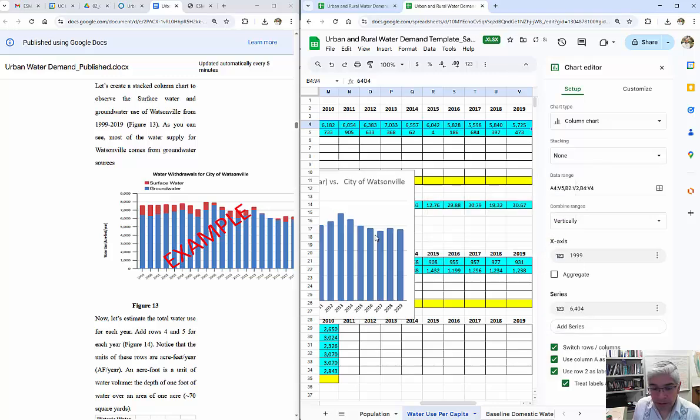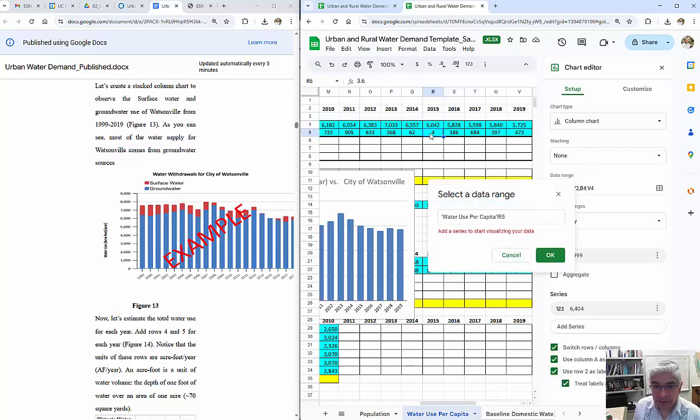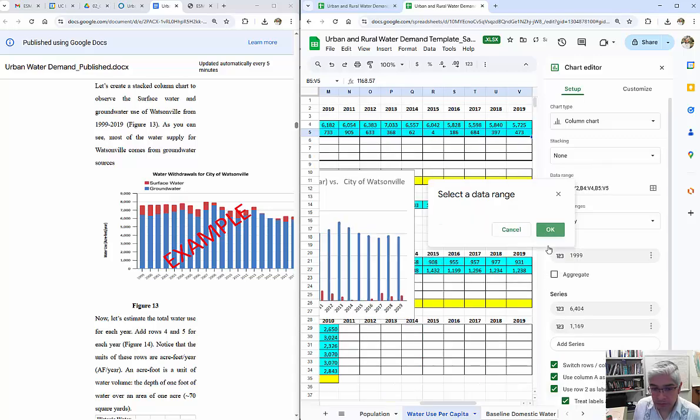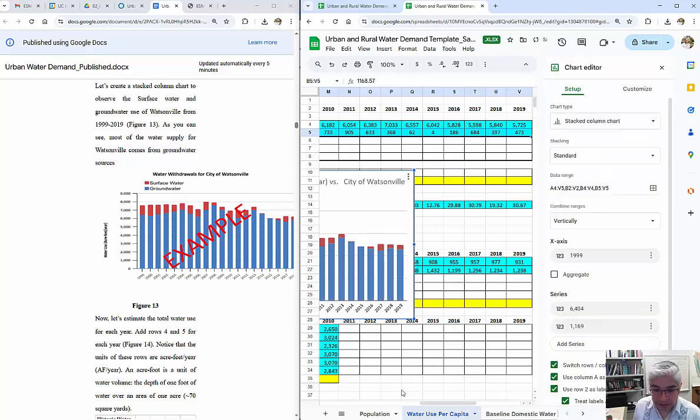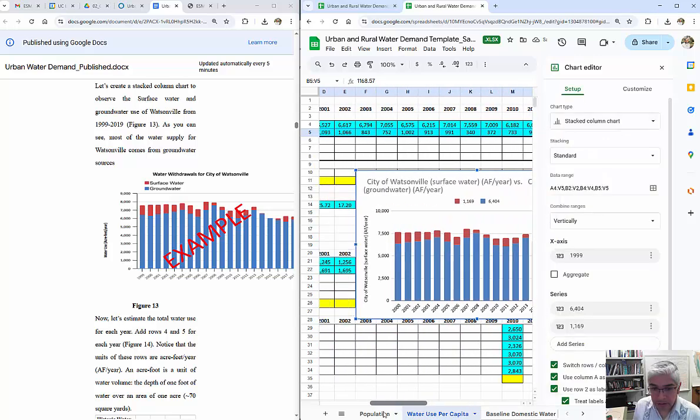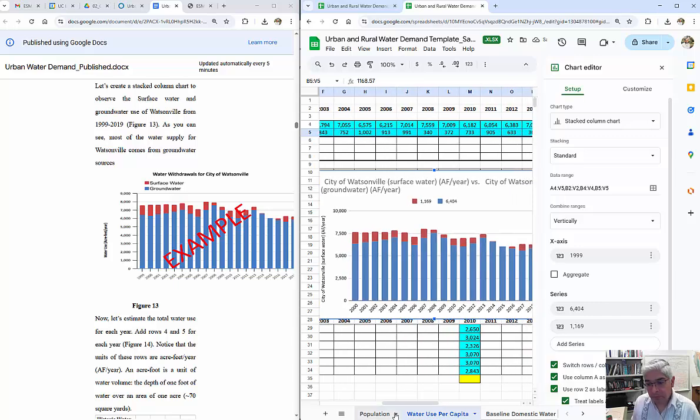And this is the first series of groundwater, and here this will be the series of surface water. Now, if we stack them, ta-da! So that's how we can have one of these.